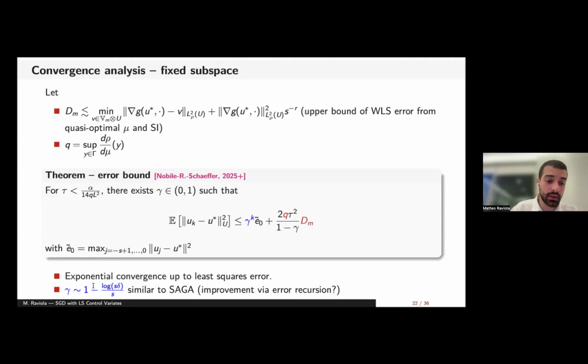So we have that gamma scales like 1 minus log S over S. And here I write improvement via error recursion. This means that in SAGA you would have 1 minus 1 over S. But I think with our proof strategy, which is different from SAGA's, which relies on a Lyapunov analysis, we actually analyze an error recursion, and we think that there may be the potential to improve SAGA's results using our analysis instead of theirs.